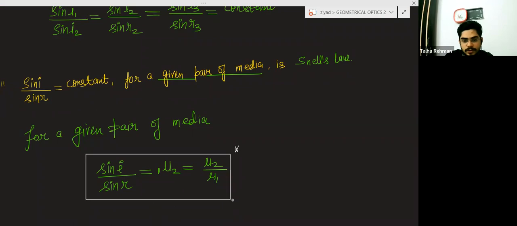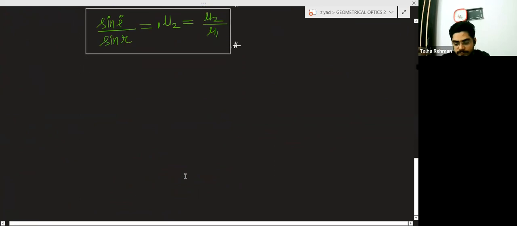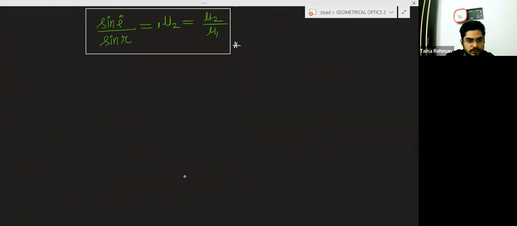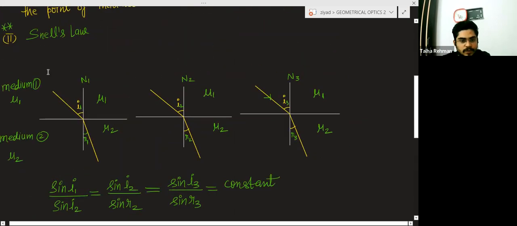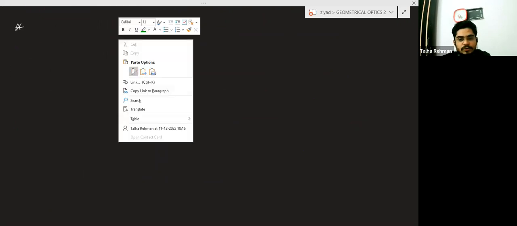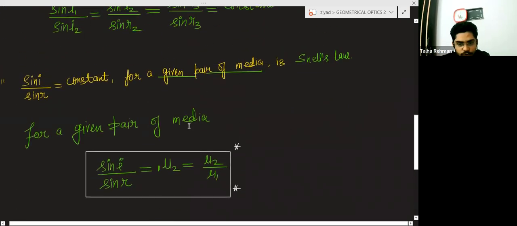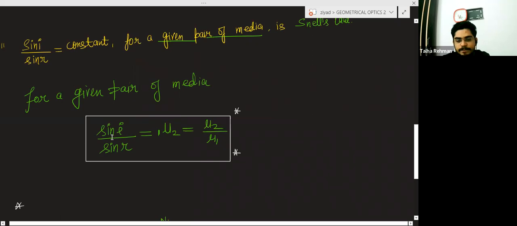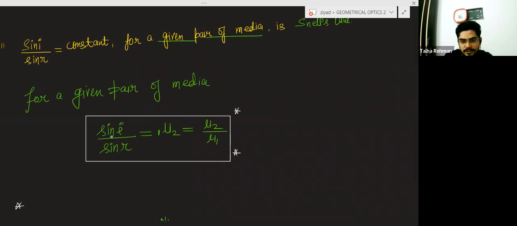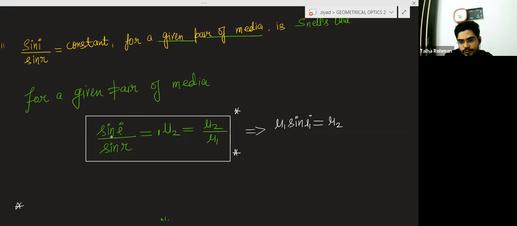So remember this. Now, how will you apply Snell's law in solving a question? Suppose you have a question where you want to apply Snell's law. From here, you can multiply by mu1 and write this law as mu1 sin I1 equals mu2 sin I2.